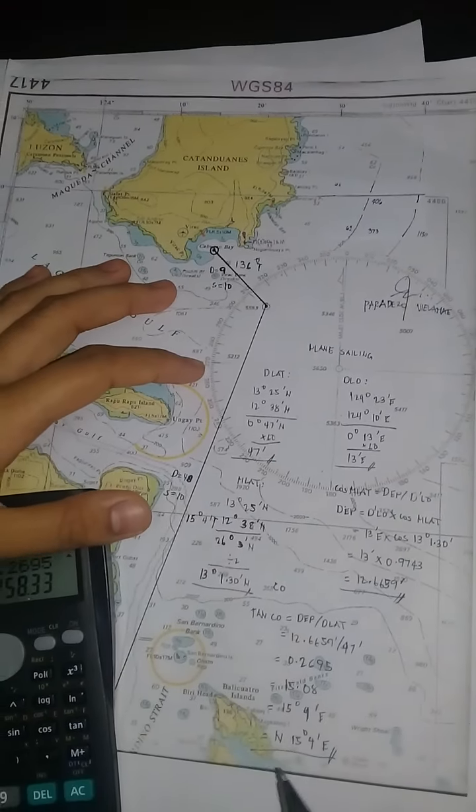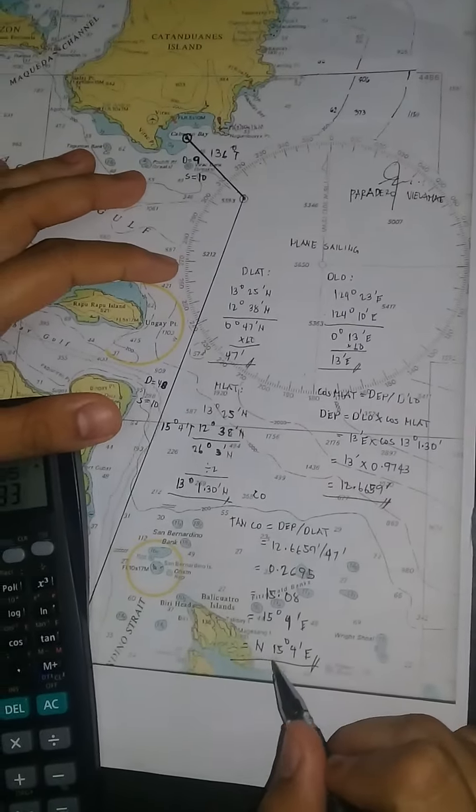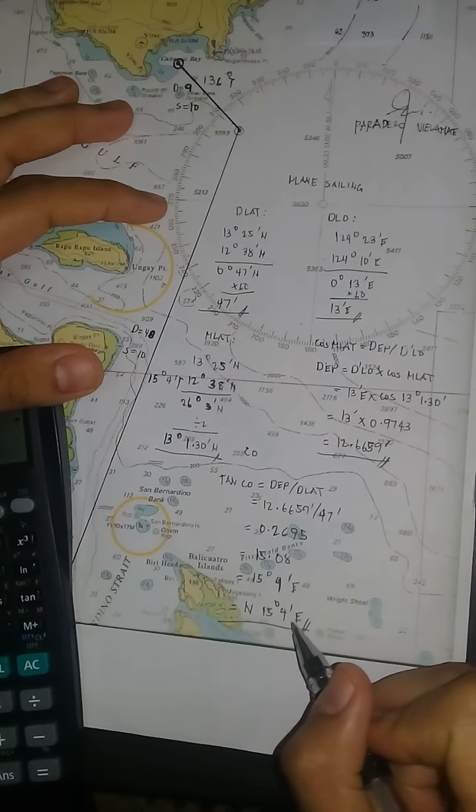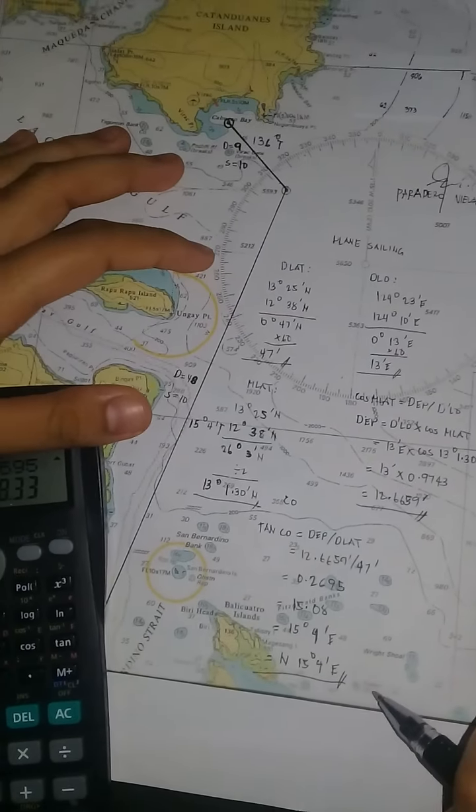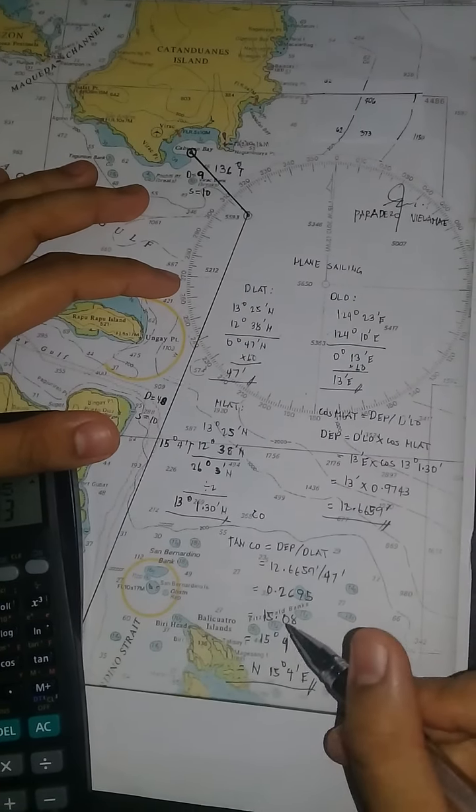So our true course is north 15 degrees 4 minutes east. Since it is northeast, so as east, no need to add 180 or subtract 180.